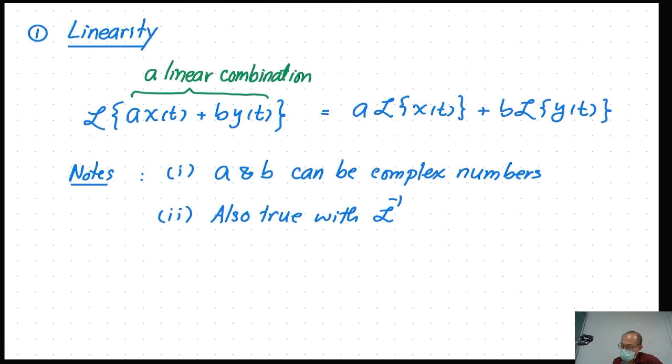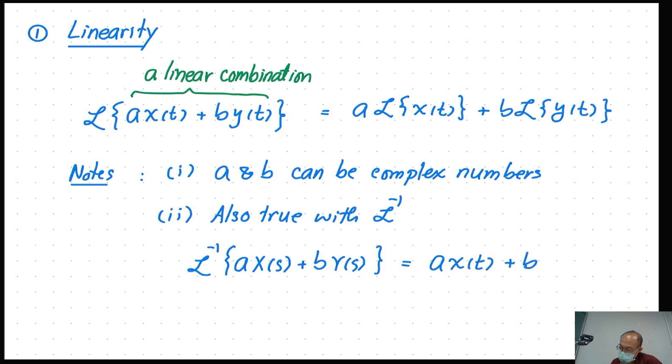What I mean is, if you take the inverse Laplace transform of A X(s) plus B Y(s), you're going to get A x(t) plus B y(t). Linearity goes both ways, for both Laplace and inverse Laplace transforms.